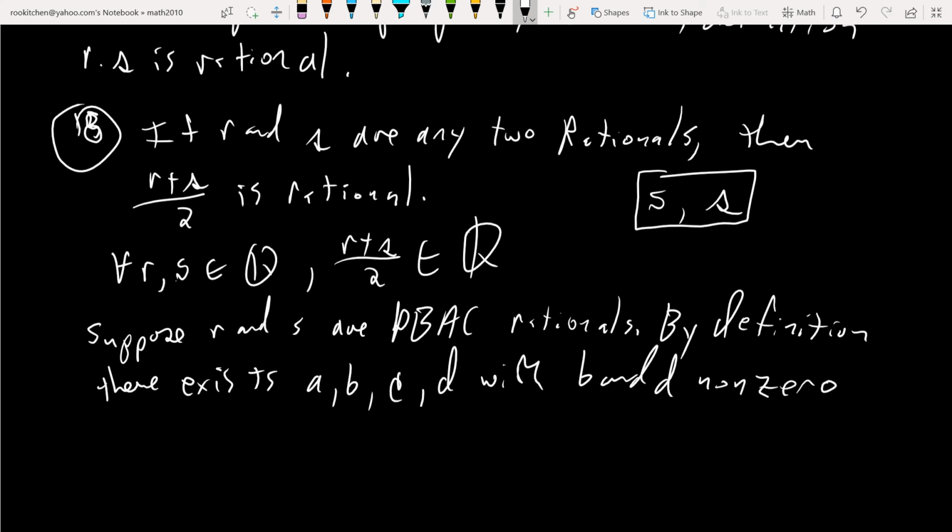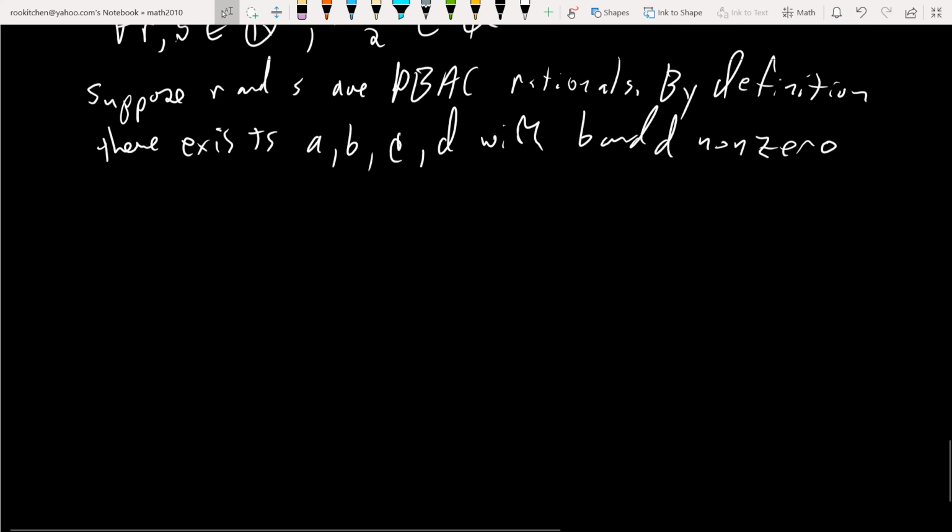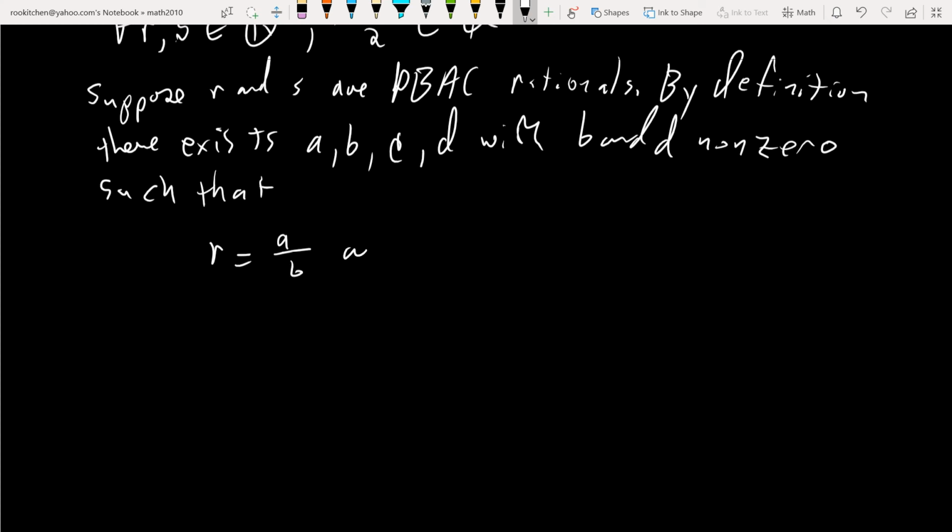So just by the definition of rationals, we're rebuilding R and S, because we're trying to add them together eventually. So R we'll say is A over B, and S we'll say is C over D.